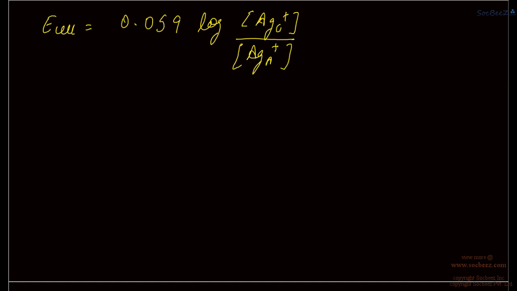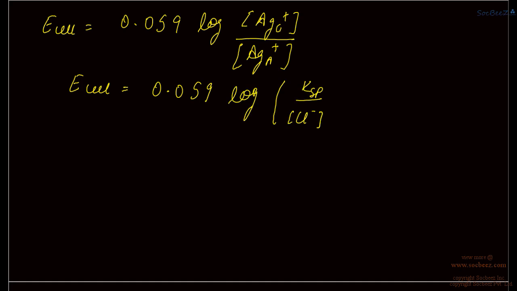Now there is nothing left except substitution of values. So let's substitute the values here. 0.059 log of Ksp upon Cl negative, upon root Ksp. This is the concentration of Agc positive and this is the concentration of Aga positive.